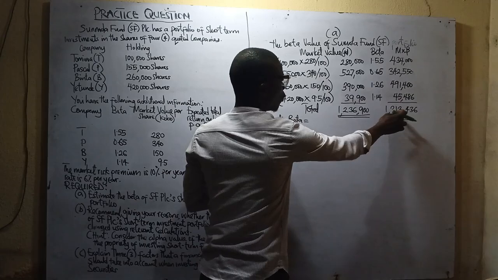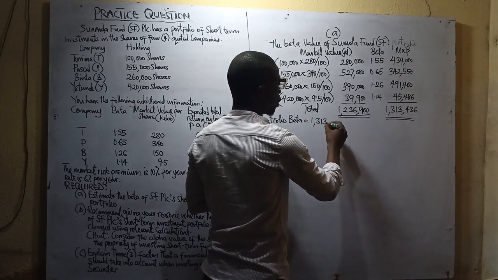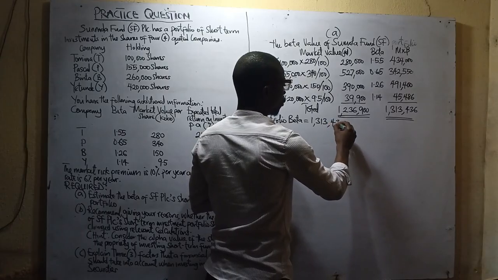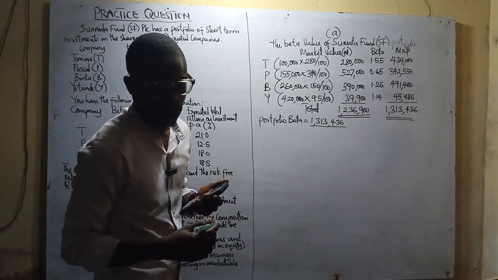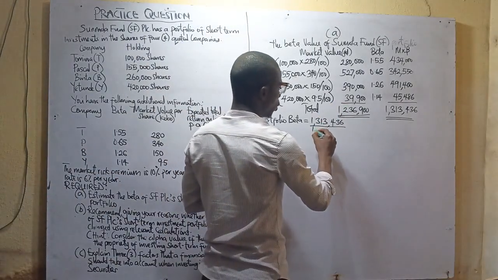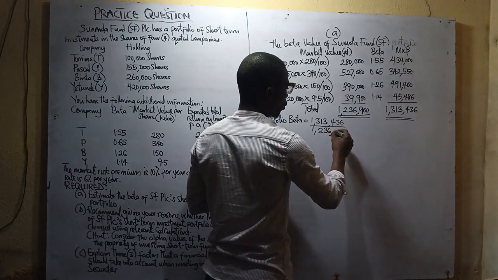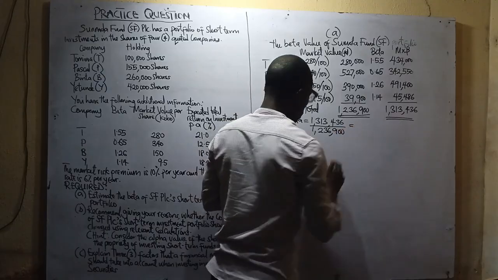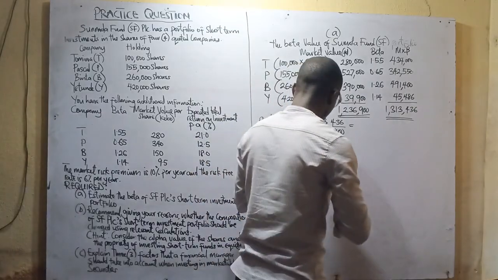This is 1,313,436 divided by our total market value, 1,236,900. So when we divide it, what are we going to have?